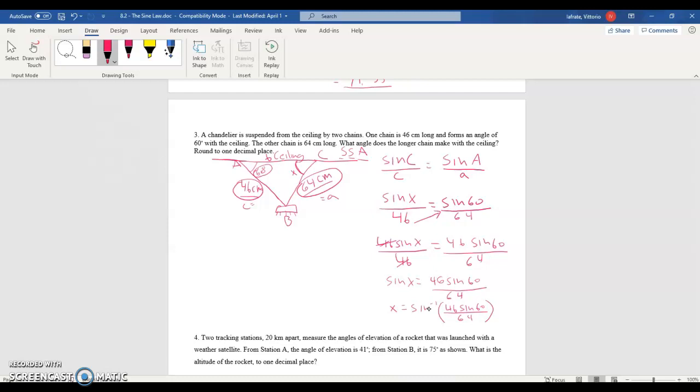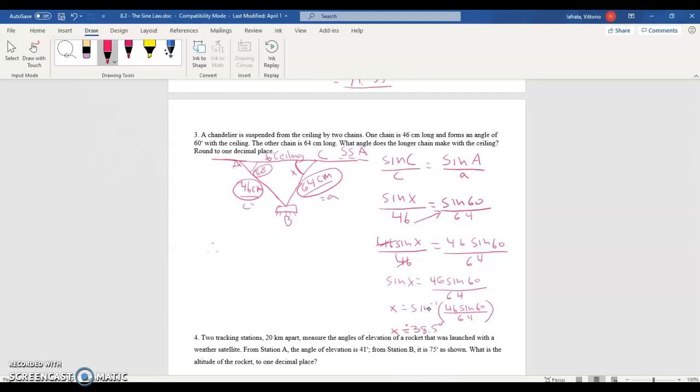Inverse sine of my answer, rounded to one decimal place, x is equal to 38.5 degrees.